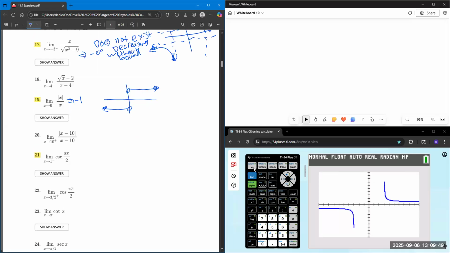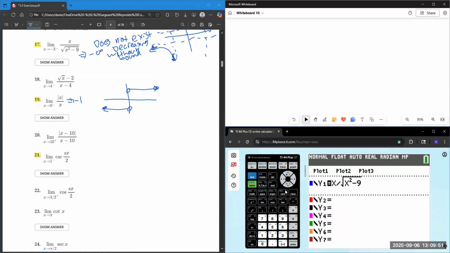Cosecant of pi x over 2 is 1 divided by sine of pi x divided by 2.